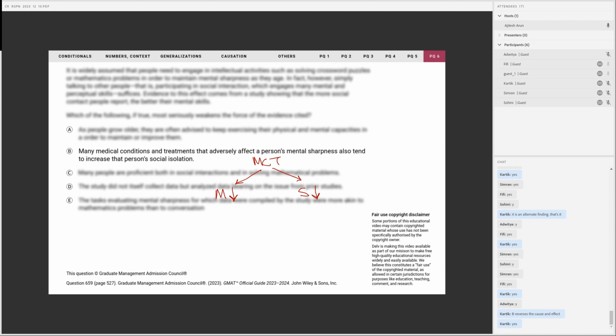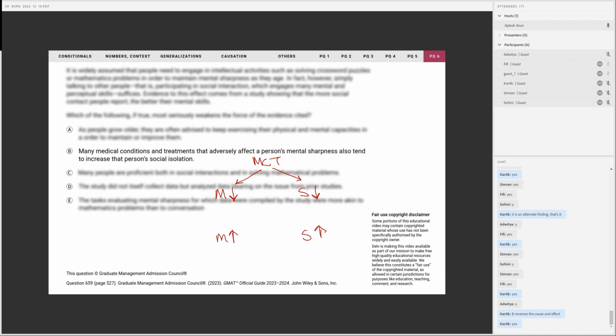So in the study, they found that people with higher M have higher S. Well, there is a possible reason for that. A third cause. So when I say a third cause, what I mean is a common cause, a third factor, which is a common cause for both a decreased M and a decreased S. So you have these many medical conditions and treatments that reduce both M and S at the same time.